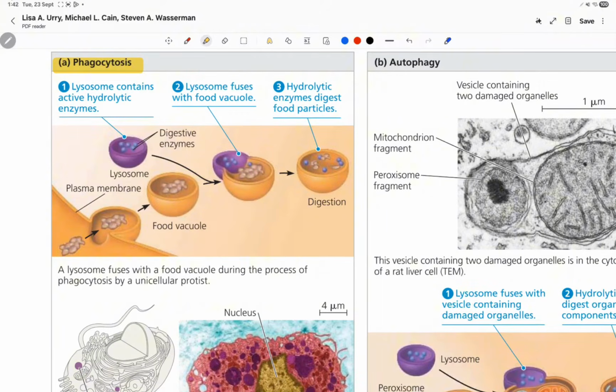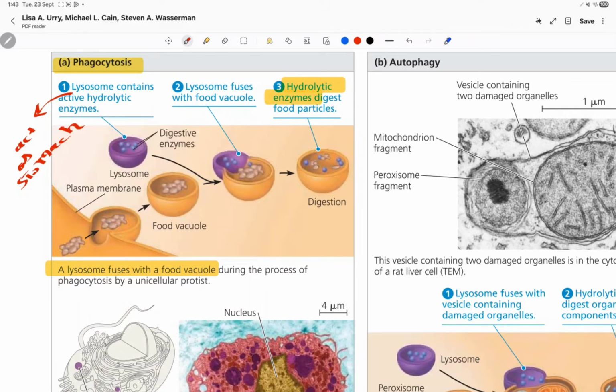In the case of phagocytosis, some organisms don't have a stomach, so they must rely on the lysosome to fuse with a food vacuole from the environment, and then they will digest the contents of this food vacuole using their hydrolytic enzymes. So in this way, the lysosome will essentially act as a stomach for the organism that doesn't have a stomach.